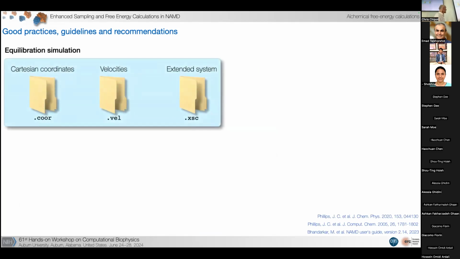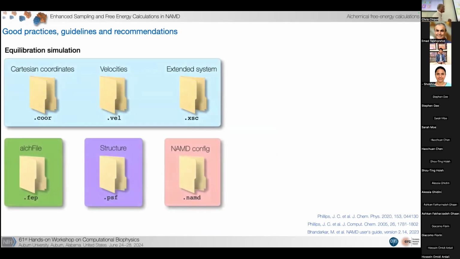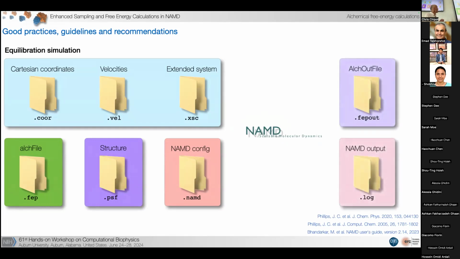In practice, what do you need to do these calculations? Well, you need an equilibration simulation. That's the preamble of doing a free energy perturbation calculation. Meaning that you need Cartesian coordinates, velocities, extended system, a properly equilibrated configuration. If you're not familiar with NAMD, this is the size of the box, the velocities, and the coordinates. Then you need an ALK file. So what's an ALK file?